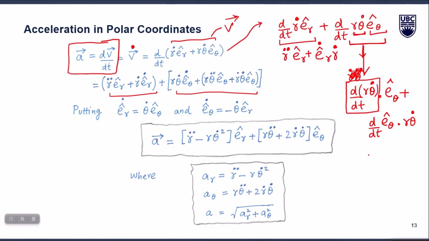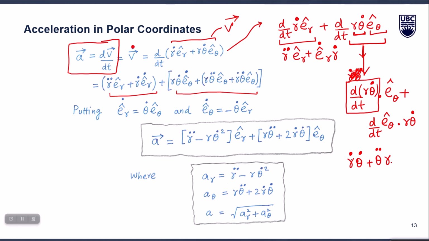So this final thing, if I expand this box, will become r dot theta dot plus theta double dot times r, right? So the derivative of the first times the second quantity plus the derivative of the second, which will become theta double dot times the first quantity, right?